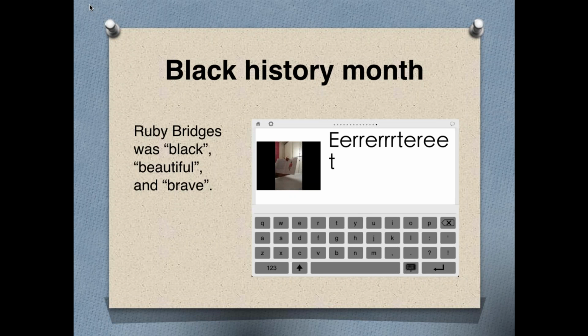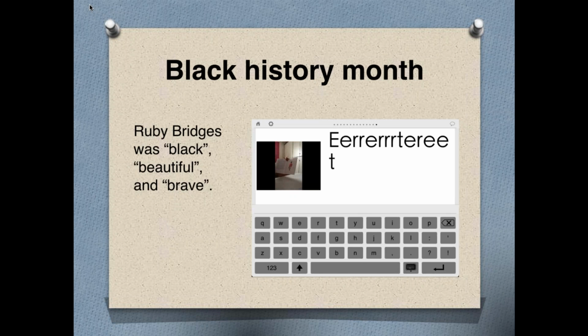If you don't know the story of Ruby, she was a very young African American girl in Louisiana who, when her family insisted on her right to attend the regular white school, every single white family boycotted that school for an entire year. Ruby was taught by herself by just one teacher who was willing to teach her while the entire community boycotted the school.